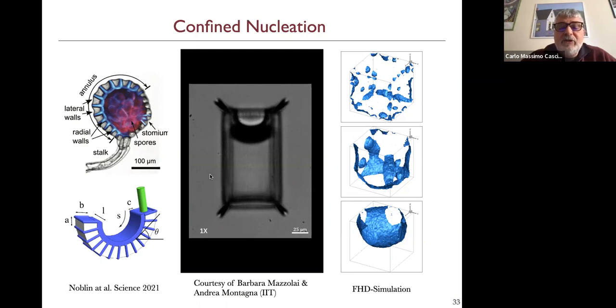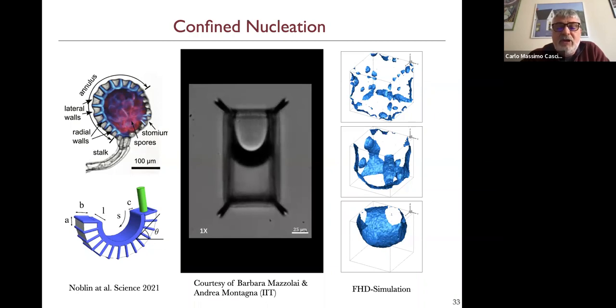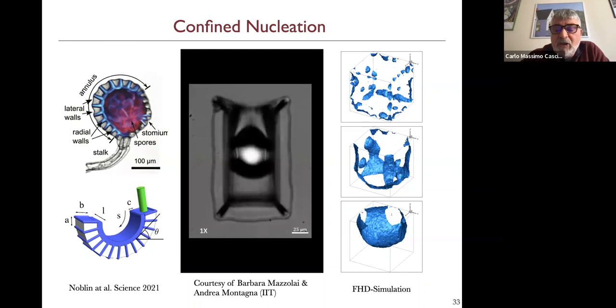So you see a small chamber, you see the bar there, which accounts for 25 micrometers. And then on top of that, you have the lid. The water inside evaporates. And then what happens is the following: the membrane deforms, the pressure inside decreases. It decreases until all of a sudden, you have the nucleation of the bubble and the release of the pressure.